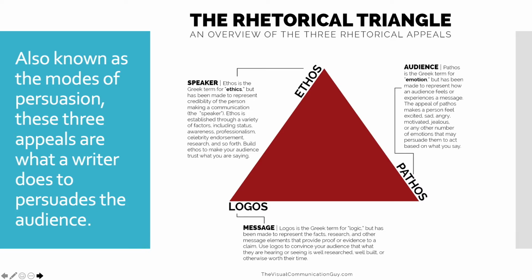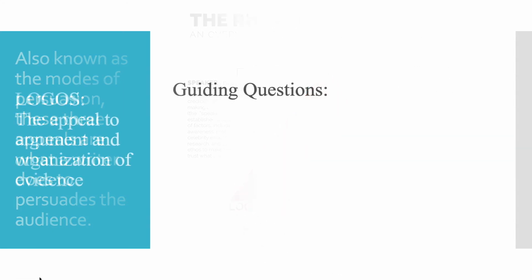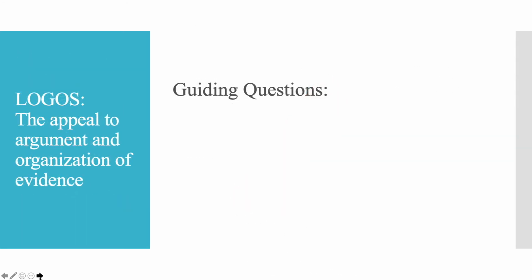In many cases, especially for us as writers, it's how we're able to bring together our evidence in such a way that will appeal to the audience's sense that we know what we're talking about. So in other words, it's why should the audience listen to you? So let's break it down just a little bit.